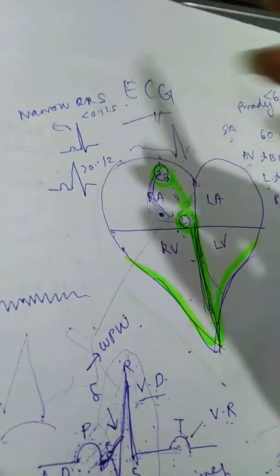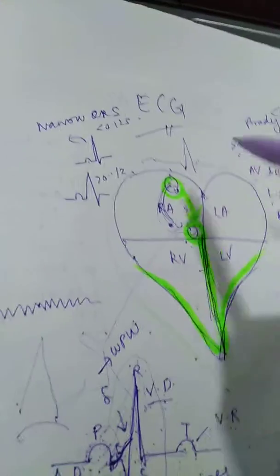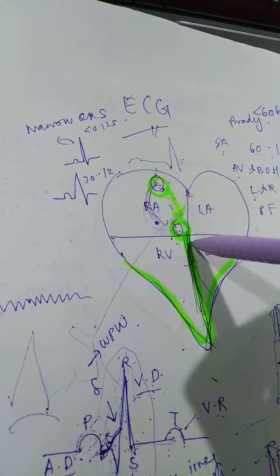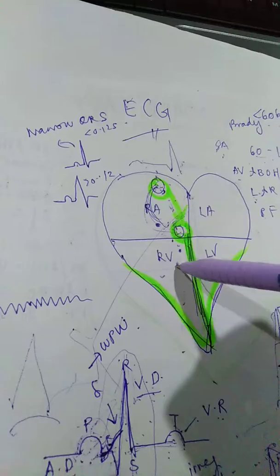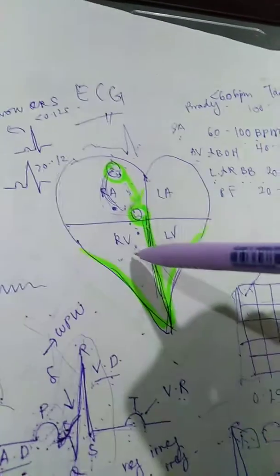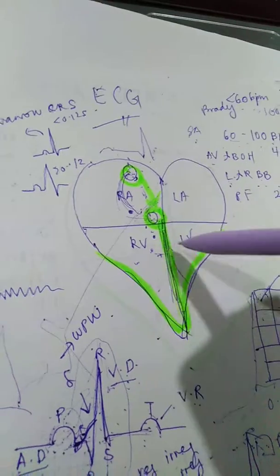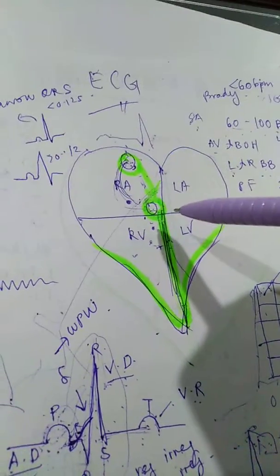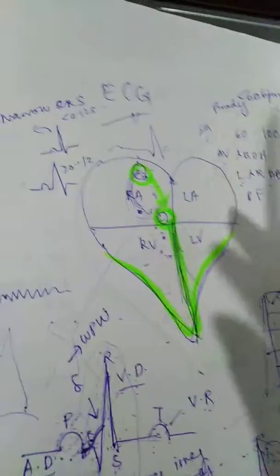So this results in a well-organized, synchronized ventricular depolarization, which is sort of normal. To say normal, they're not really normal, but they are still considered a well-organized, synchronized ventricular depolarization. And a narrow QRS is basically less than 0.12 seconds.